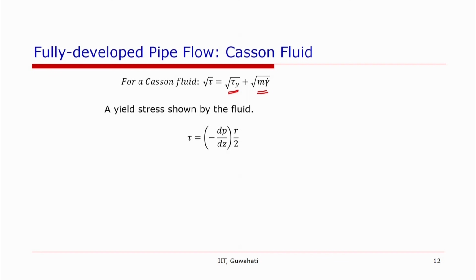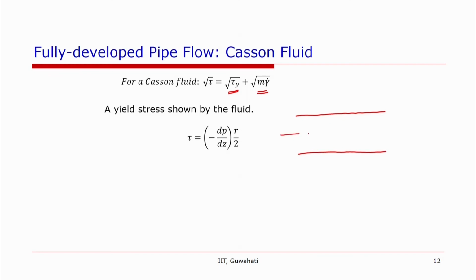The fluid shows a yield stress, and as we have seen in the previous slide, for all fluids tau is equal to pressure gradient into R by 2. That means tau is proportional to r.